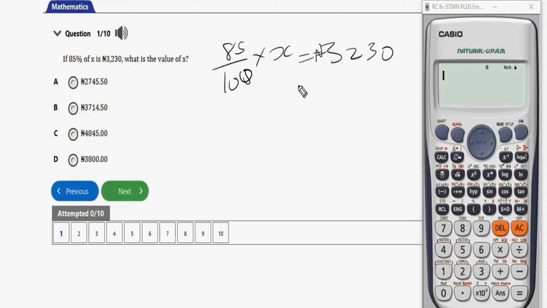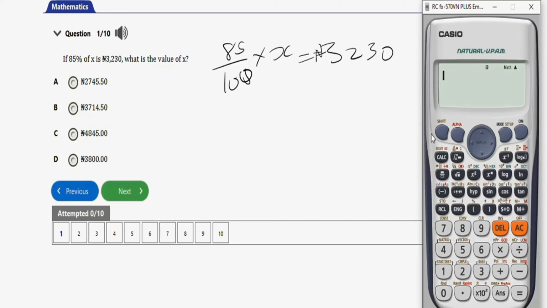The currency of Nigeria is naira. Those of you in Ghana know it is cedi. So this is the same thing as 85x over 100 equals 3,230 naira. Let's plug this into the calculator now to get the answer.